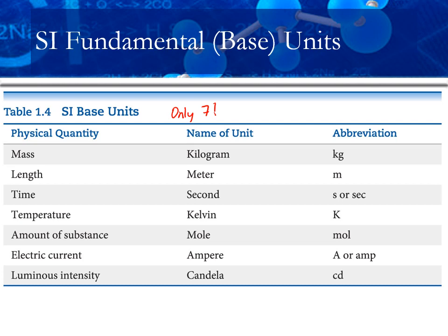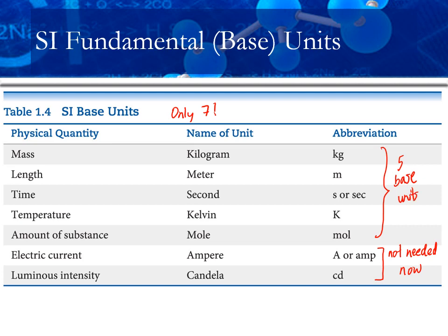There are no other base units. Okay, of these 7 base units, we don't really need these last 2. So what I'm going to ask you to do is memorize these 5 base units for first quarter general chemistry.